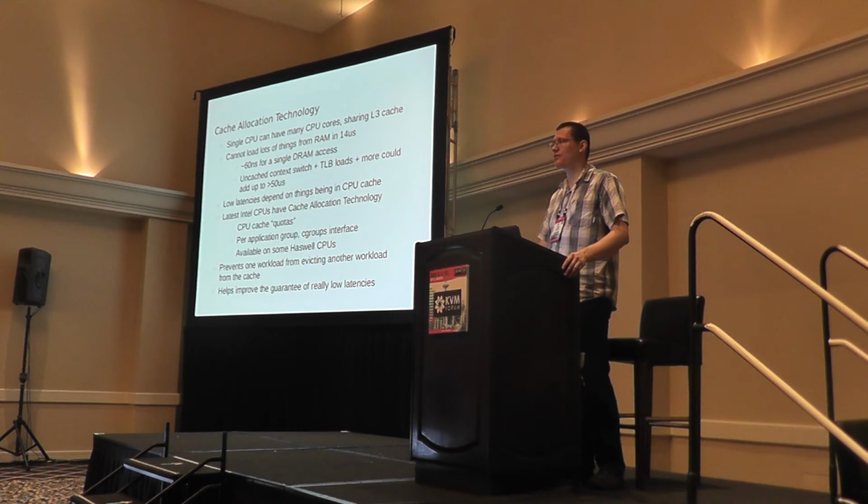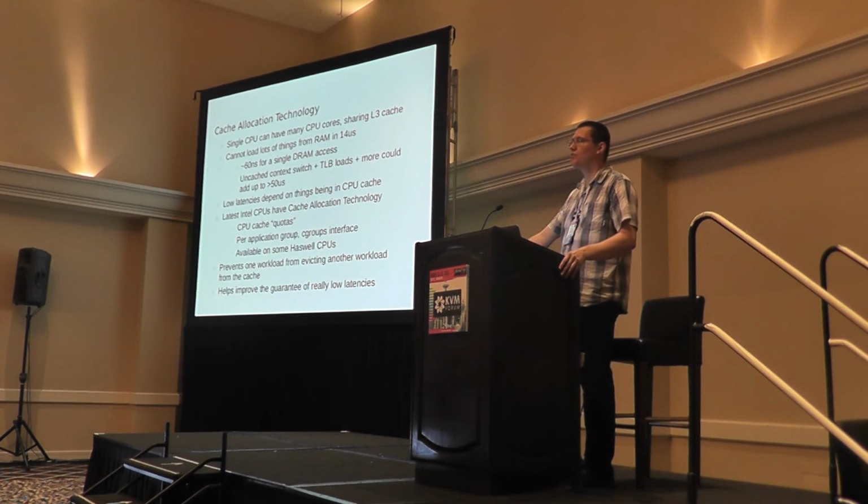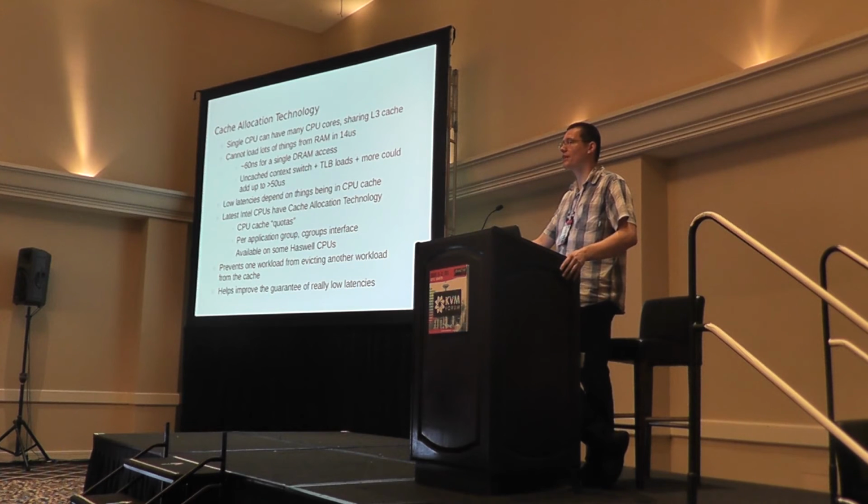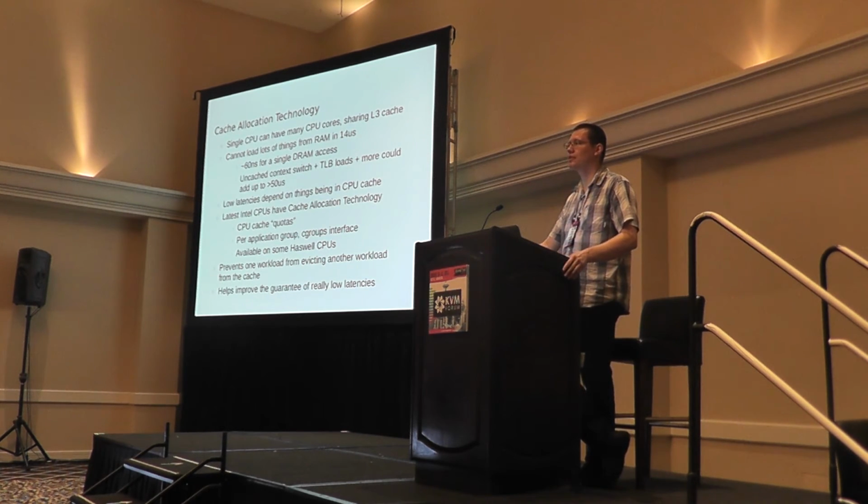And that in turn makes sure that the other programs do not have all of their data evicted from the cache just because somebody is running a program that streams through a few hundred gigabytes of memory looking for something. And this really helps improve the guarantee of low latencies on systems where you have many CPU cores on a single chip.